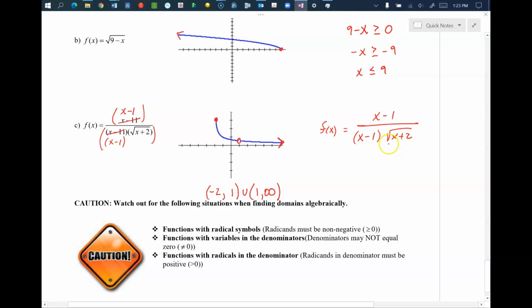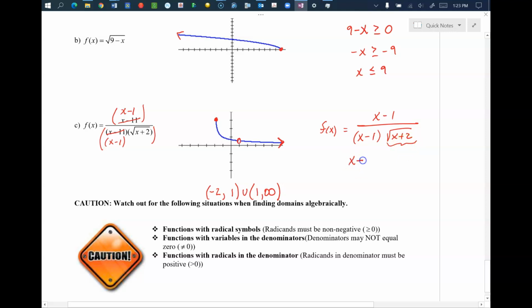The other part is this radical in the denominator. We already know from the previous example that we cannot take the square root of a number unless it's greater than or equal to 0. So anything from negative 2 and higher would work for taking the square root. However, if we include negative 2, we would be taking the square root of 0 in the denominator, so we can't. So we've got 2 restrictions here.